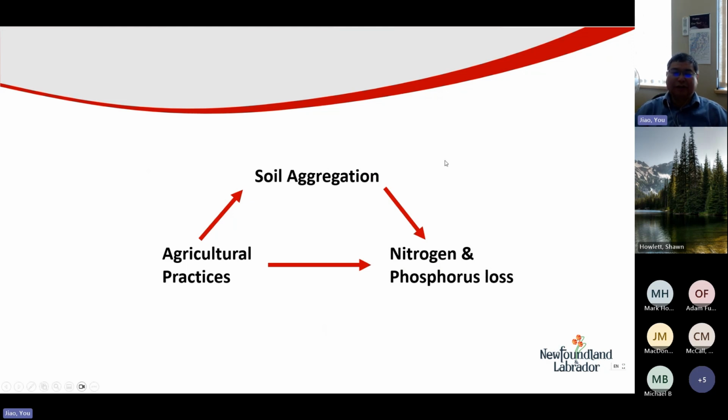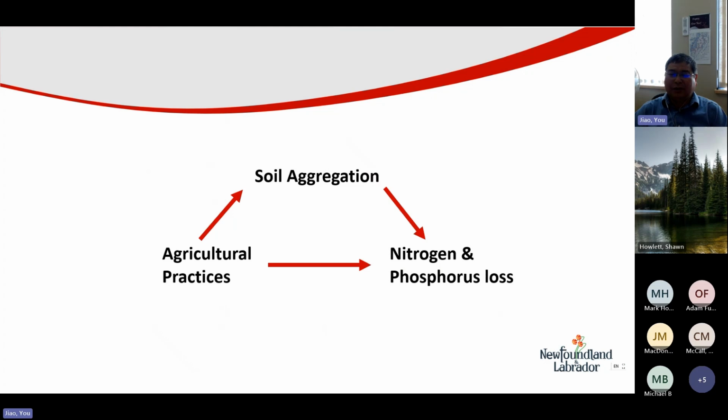And soil aggregation will affect nitrogen and phosphorus loss. Even so, sometimes we do need to plow the land to prepare and cultivate it for planting, seeding, and fertilizing. Our goal is to preserve the nitrogen, phosphorus, and nutrients within the soil to supply the plant.